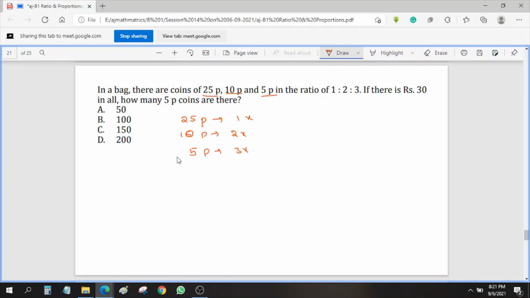Now first I am just finding how much value it is giving. How do we find that? Simple. For 1 rupee we take 100 paise, because here it is completely about rupees.